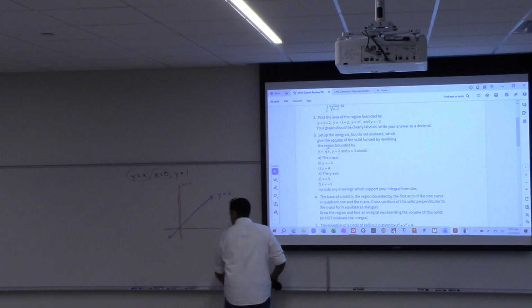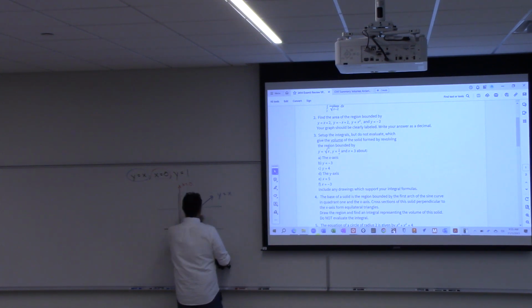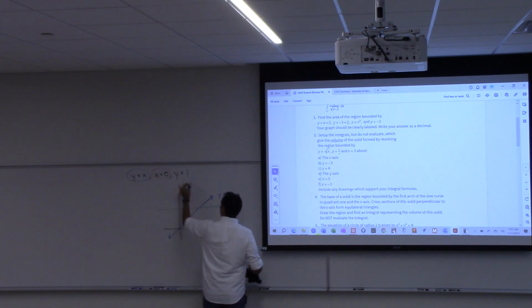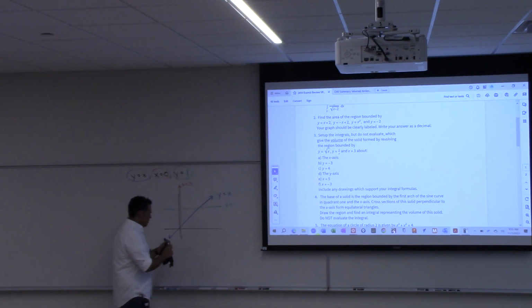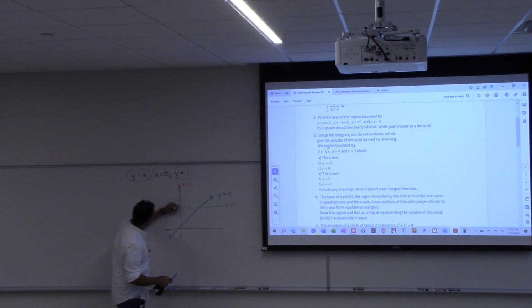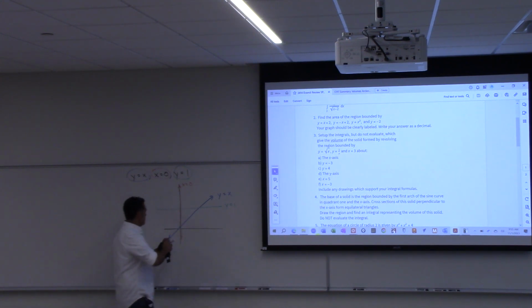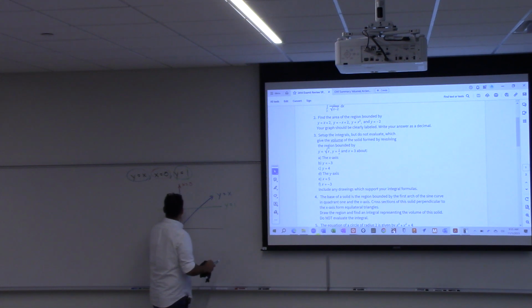Y equals 1. Horizontal line. All right, y'all see the region bounded by all those? That's supposed to be on the y-axis, sorry. There. So the region bounded by all of those is this region right in here.